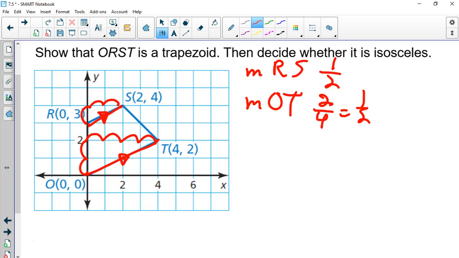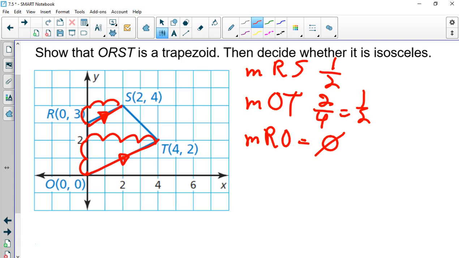Now technically we could prove that the other two are not parallel. RO is easy because it's just a straight vertical line, and in that case, there is no slope.